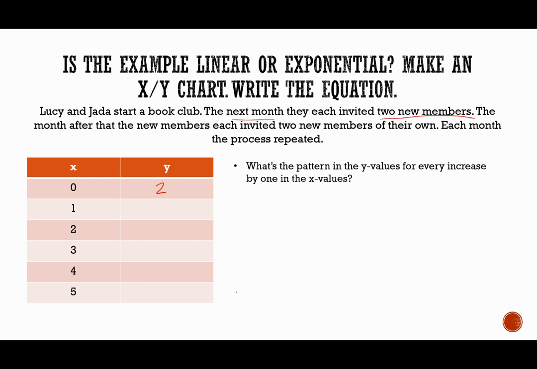Okay, well, if this is Lucy and this is Jada, Lucy invites 2 new people and Jada invites 2 new people. Okay, so how many new people are there? 4.